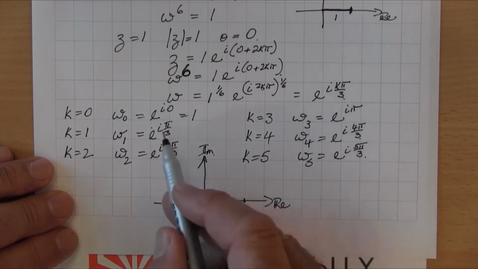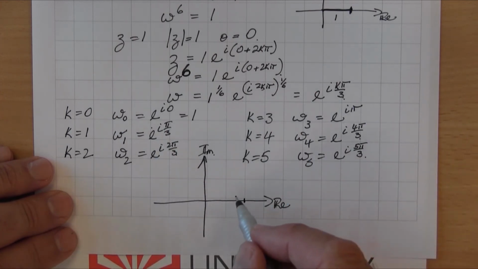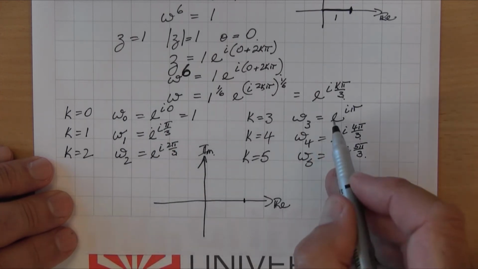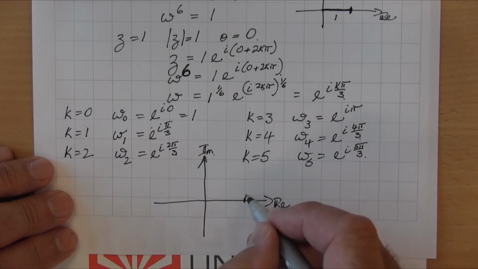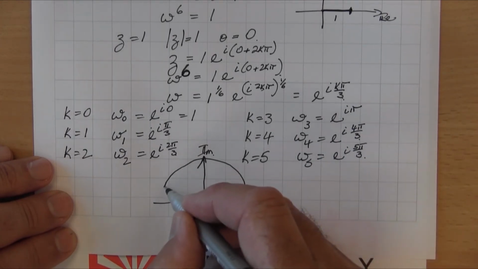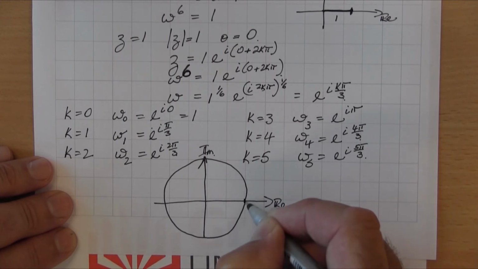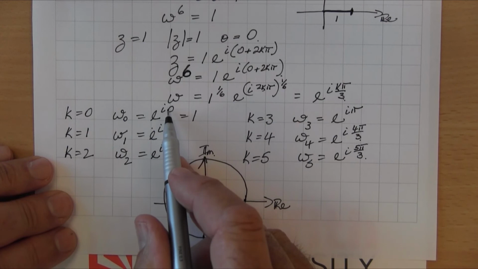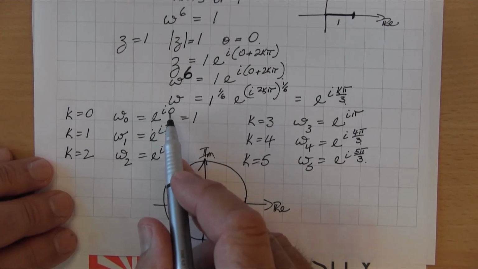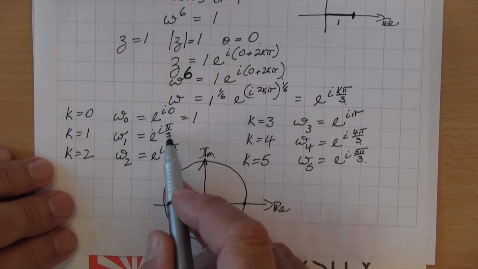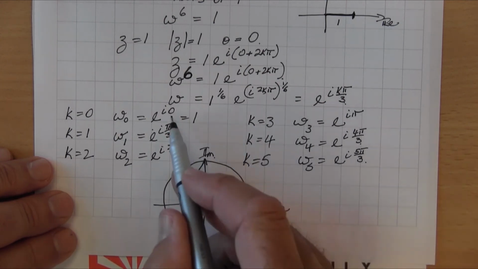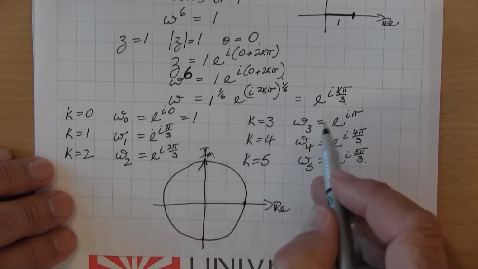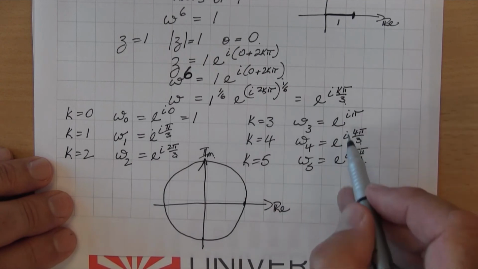The next one is also of length 1. This one's got length 1, this one's got length 1. So they're all going to appear on a circle of radius 1. And you can see there, theta is 0, pi on 3, 2 pi on 3.